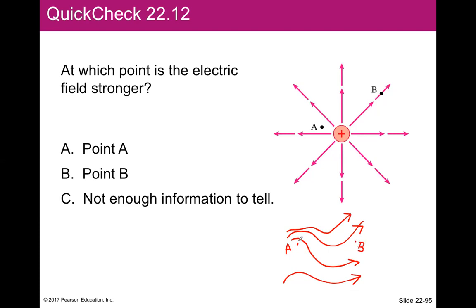So which one gets stronger electric force or electric field? Why? The distribution of the field lines is denser, so you get A here to have a stronger electric field.